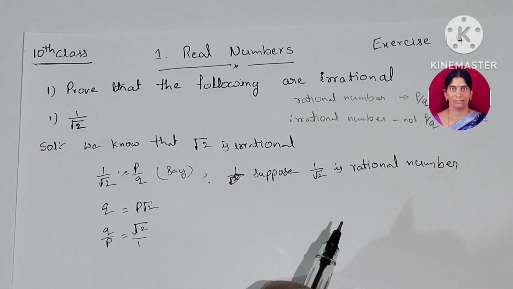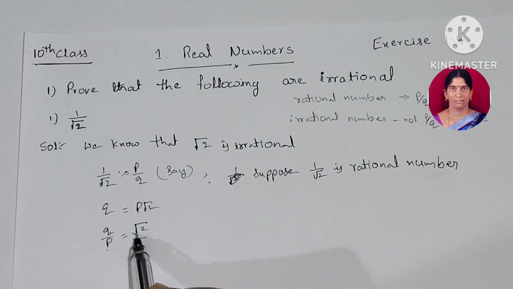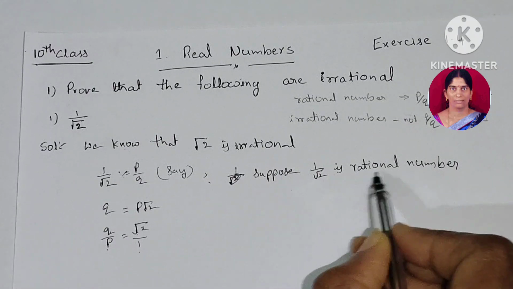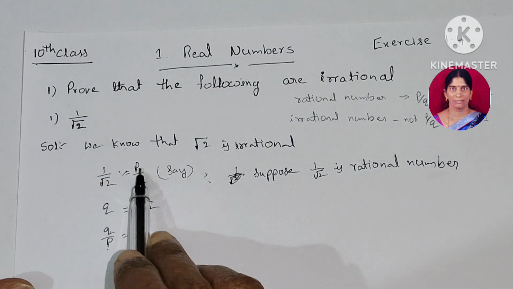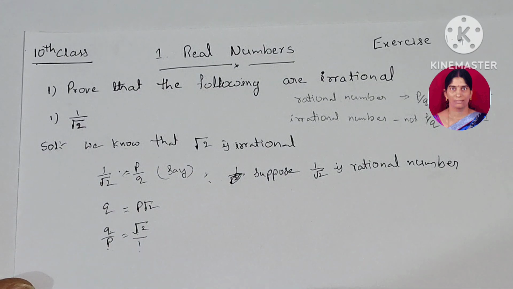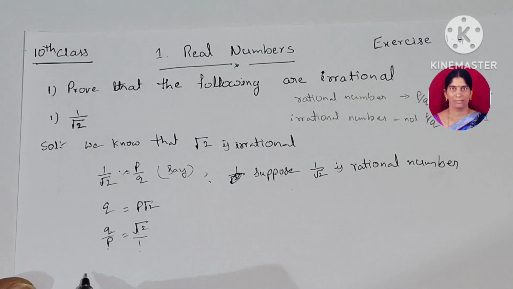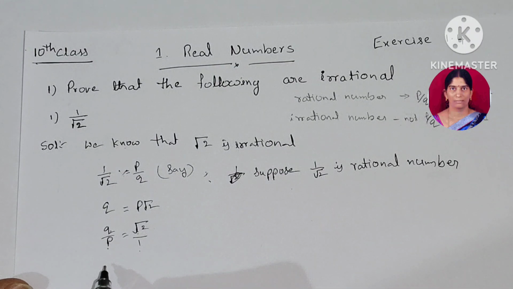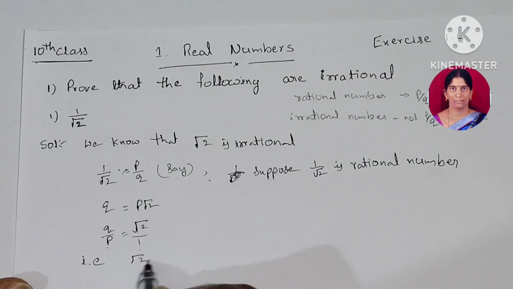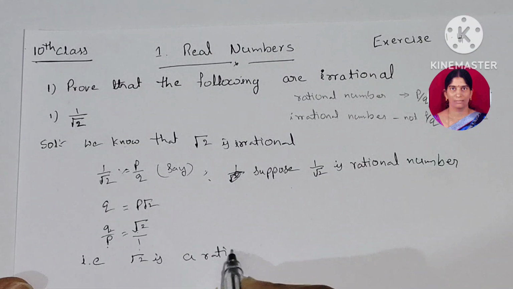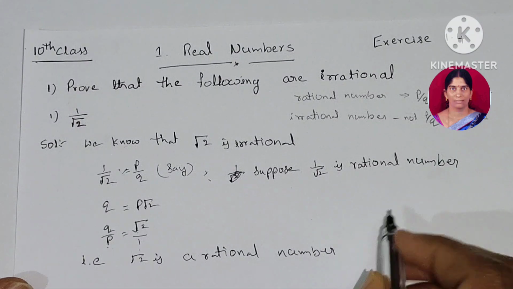So 1 by root 2 is an irrational number. Here p by q equal to root 2 by 1. Suppose 1 by root 2 is a rational number, then 1 by root 2, that is p by q, is a rational number, but root 2 is an irrational number. So this is a contradiction.